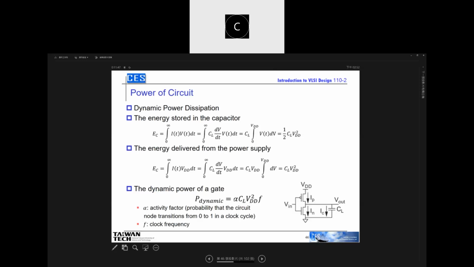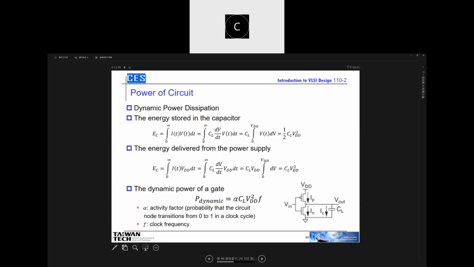For example, if alpha is equal to, say, 80%, that means 80% of the time your circuit is operated and you consume dynamic power. On the other hand, if alpha is equal to, say, 30%, that means only 30% of the time your circuit is operated and consumes dynamic power. So we use this alpha to modulate the ratio of time the circuit is operated, and to come up with a more accurate estimation of dynamic power.